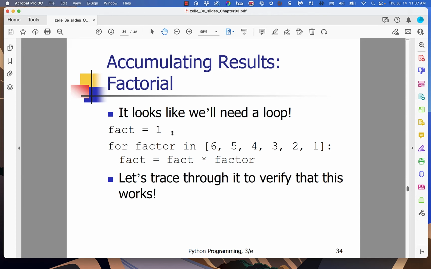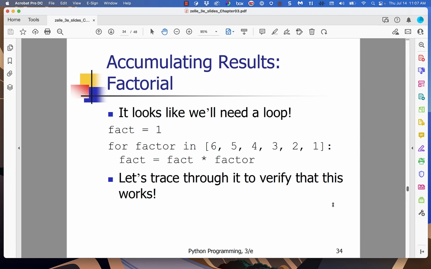Would the initial value of the accumulator be 1? No, the neutral value for an addition and subtraction accumulator is 0, because any number plus 0 is equal to that number.